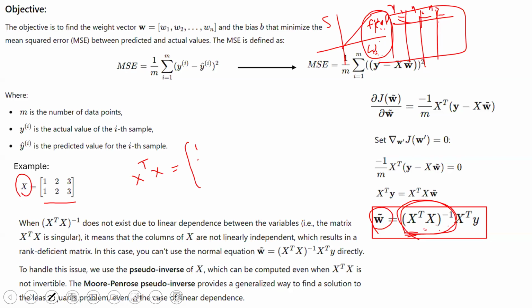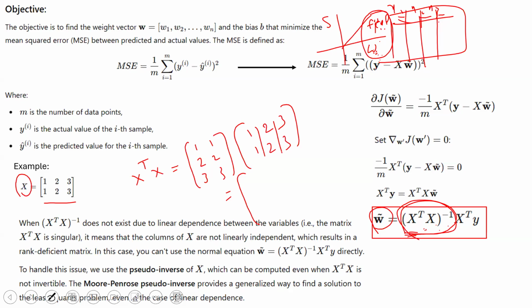X transpose is nothing but 1, 2, 3, 1, 2, 3. And what is X? 1, 2, 3, 1, 2, 3. And if you calculate this, how does it look like?